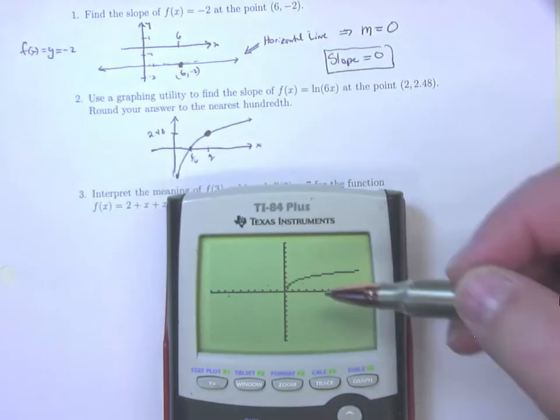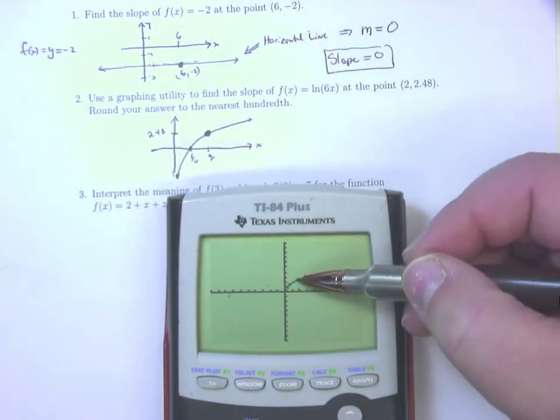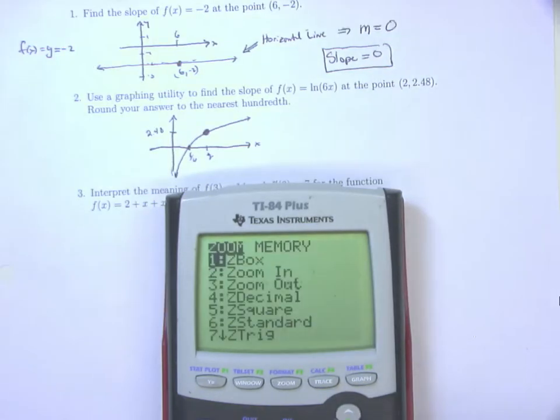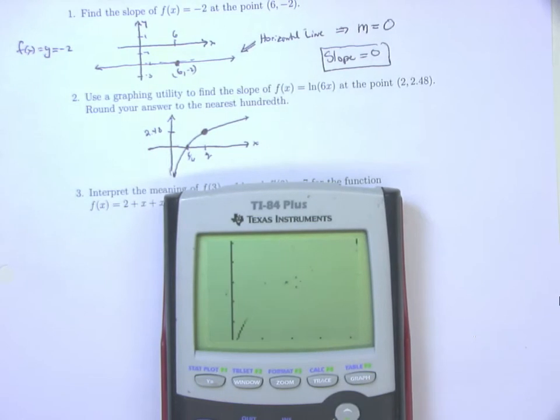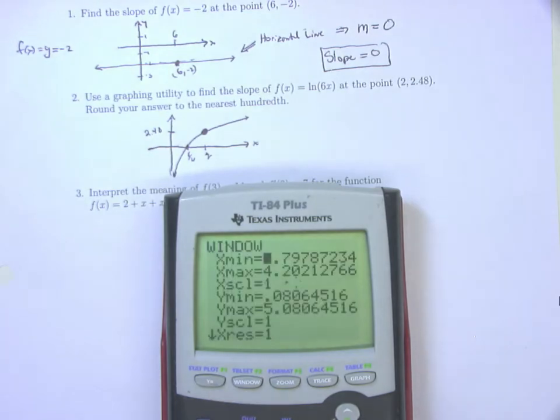But we're interested in this point, 2.48. So I'm going to zoom in on this thing. I'm going to go over here and plot where that point's at and zoom in on it right in there. So here's my graph right here. And I can clean up my window a little bit and make it like -1 to 4 and -1 to 5.